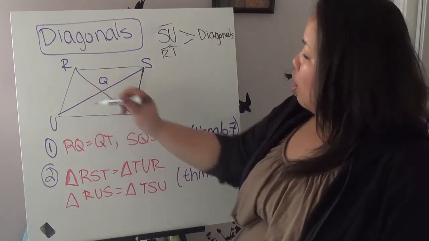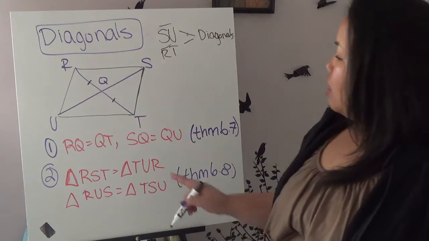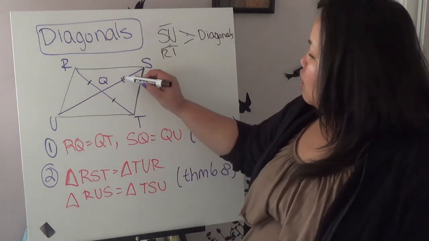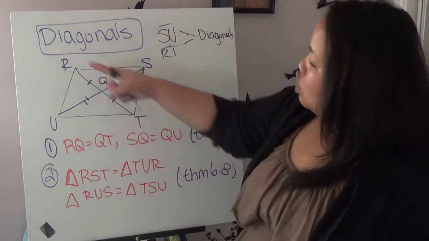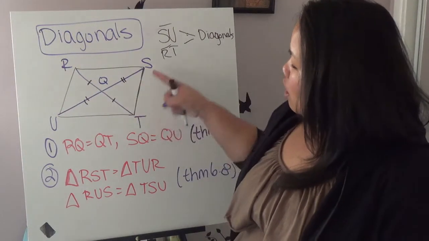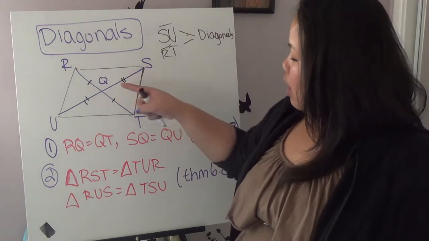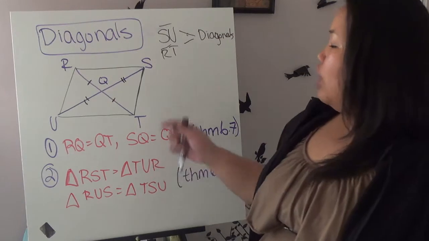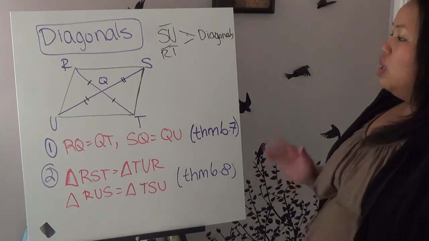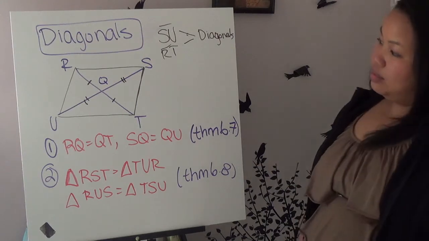So I end up with RQ equals QT, so this equals this, and same thing, this equals this. It also tells me that the triangles the diagonals make, triangle RST and triangle TUR, are equal. So it creates equal triangles through various reasonings, and that's theorem 6.8.